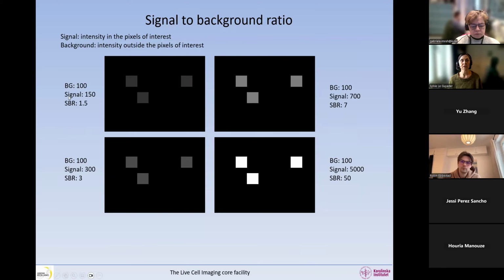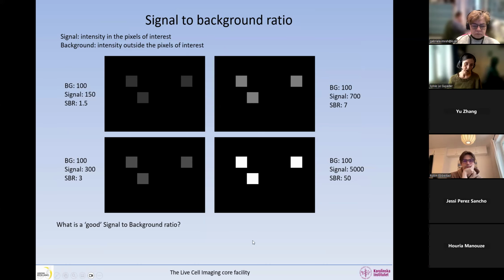In these images, the background is always the same. It's set to 100, but the signal increases from one image to the next. And therefore, our signal to background ratio starts from 1.5 and ends at 50 because we have increased the signal. So one way to increase the signal to background ratio is to increase the signal.